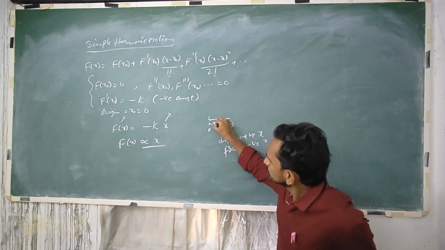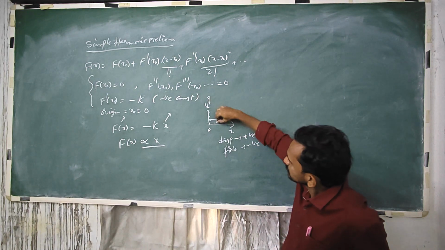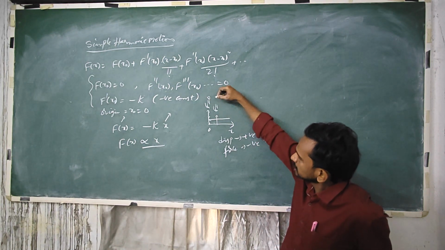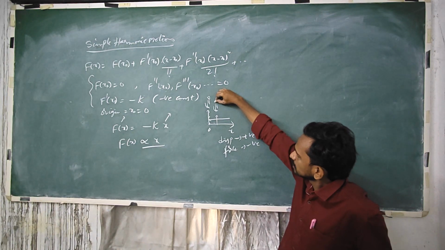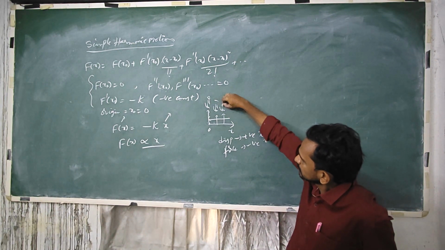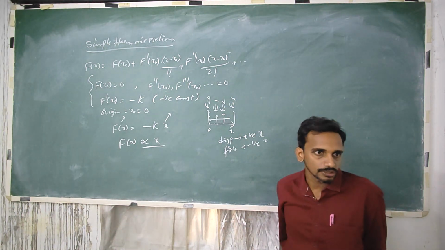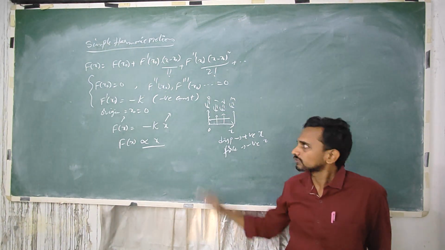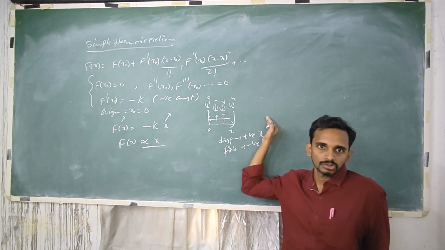So at the origin, force is 0. This is smaller. Let's say 1 unit, 2 units. So as the displacement increases, force increases. More the displacement, more is the force towards the origin.